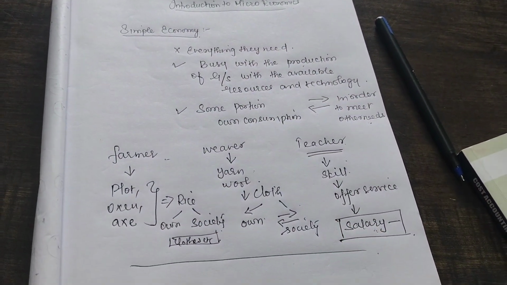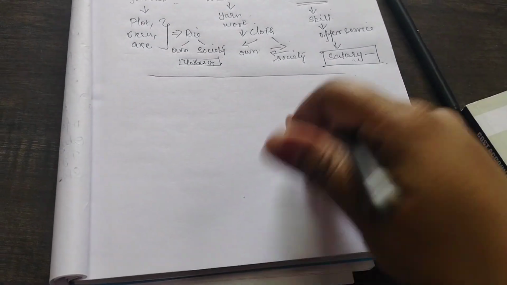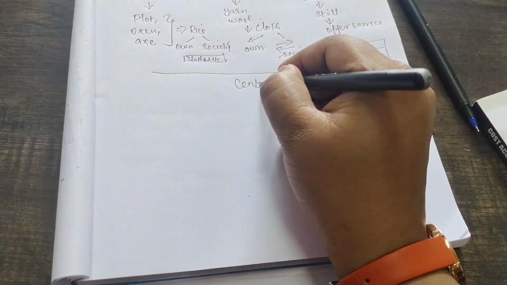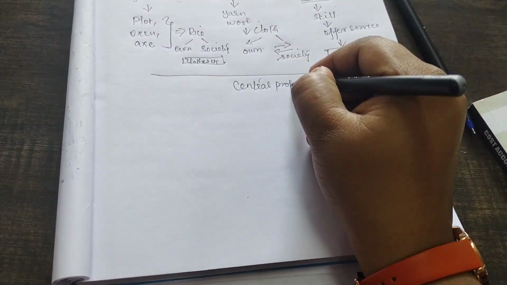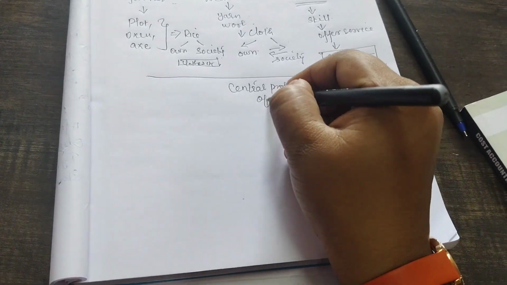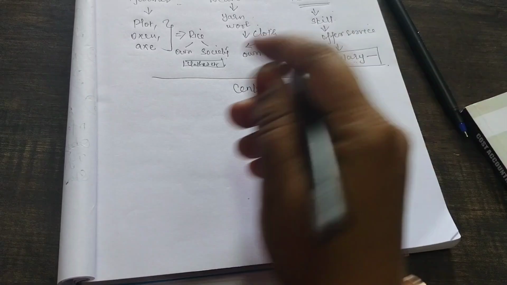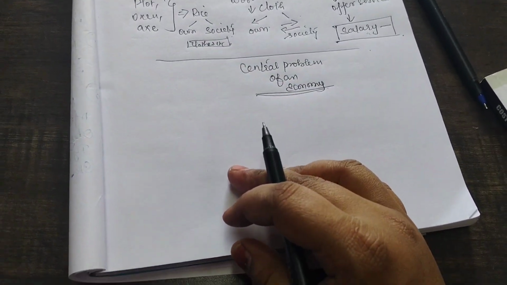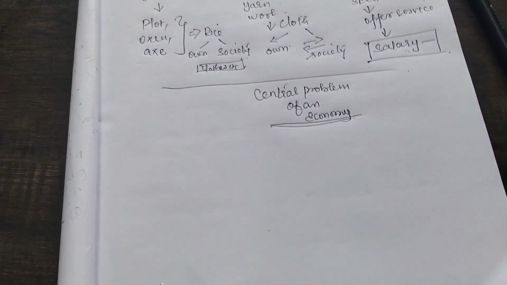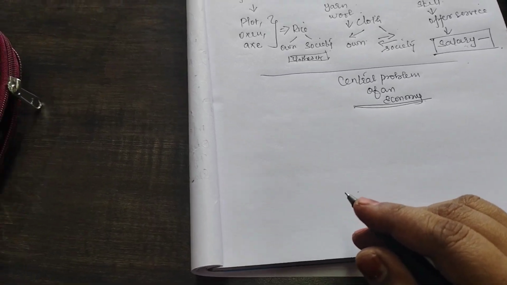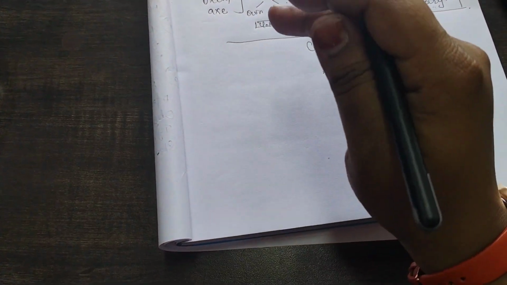Next we will understand what is the central problem of an economy. As resources are scarce and wants are unlimited, for everything they have to make a good decision for the efficient allocation of the resources and the proper utilization of the resources, so that no resources get wasted.